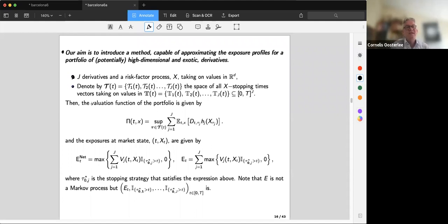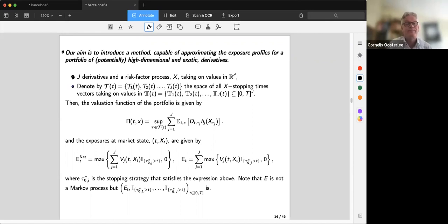Then we have curly T, and that is the space of all stopping times, all stopping time vectors taking values (T1, T2, etc.) in [0, T]^J. So we look for the stopping times in our time frame for all of our vectors.